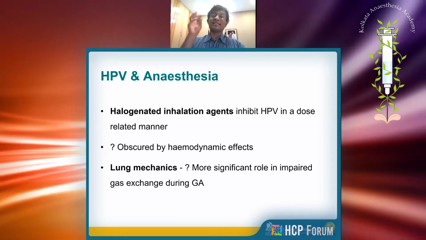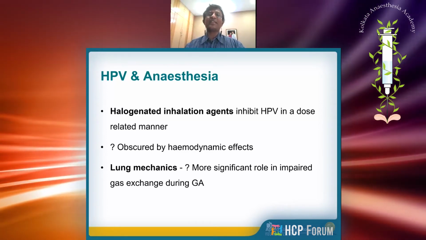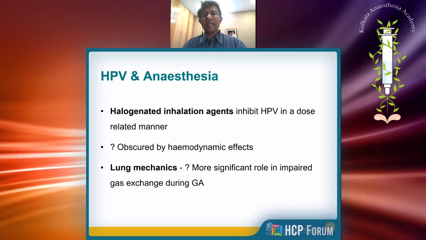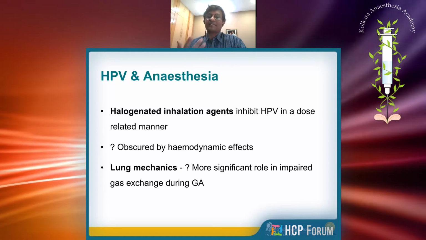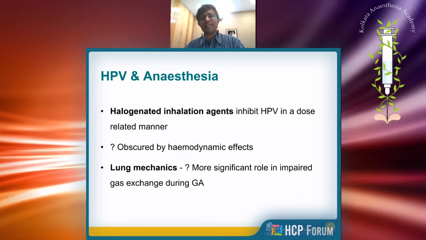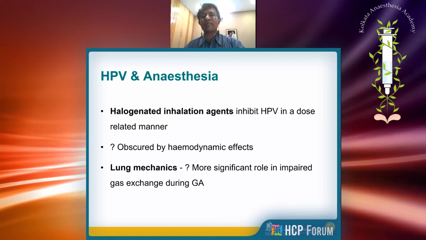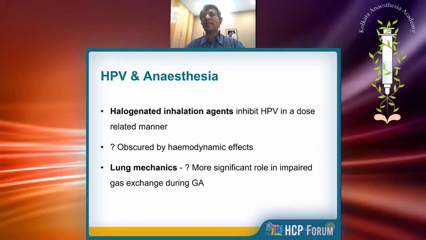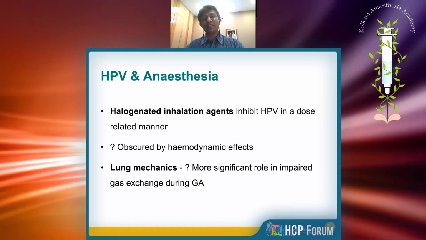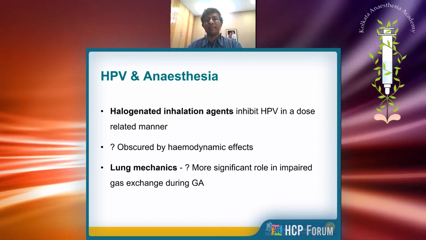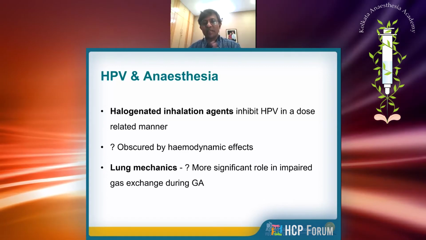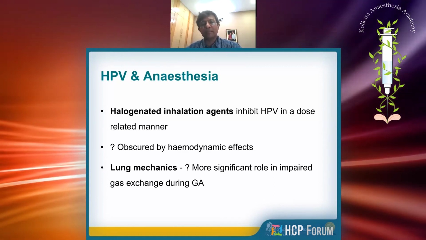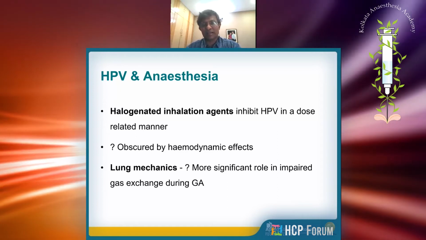How much it has clinical significance is a different matter of conjecture altogether, because this entire process of HPV could be obscured by the hemodynamic effects that the halogenated inhalation agents create, and there are other things which influence it, chief amongst them being the lung mechanics, because it can play a huge and a more significant role in the impaired gas exchange during general anesthesia.